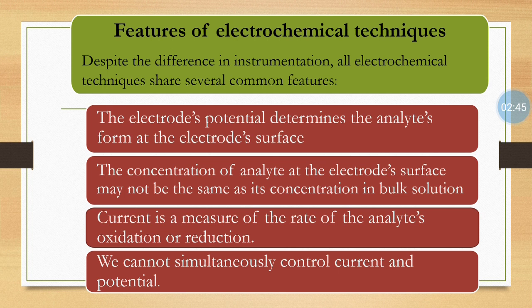The concentration of analyte at the electrode surface may not be the same as its concentration in bulk solution. That means it may be partially oxidized or reduced. Current is a measure of the rate of analyte's oxidation or reduction. However, there are certain drawbacks. The highlight of that is we cannot simultaneously control current and potential.